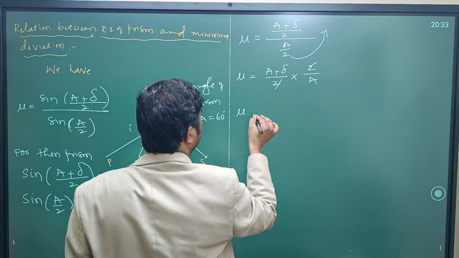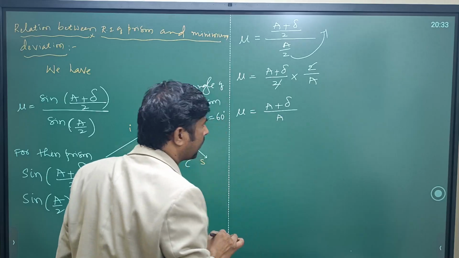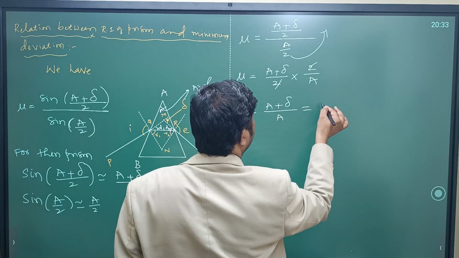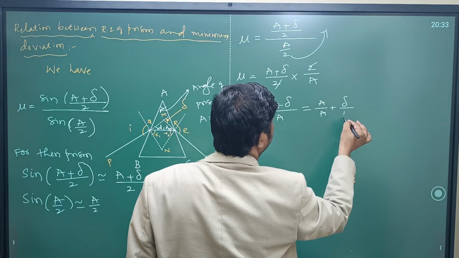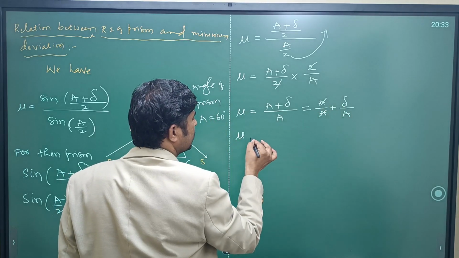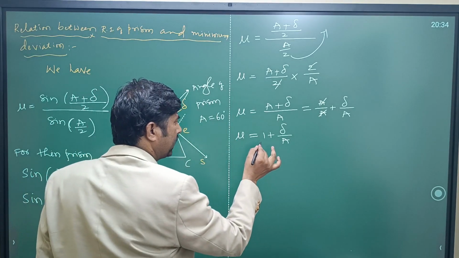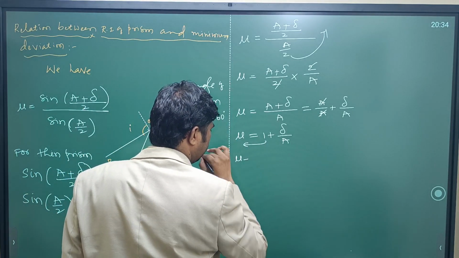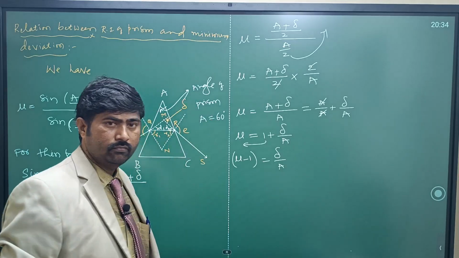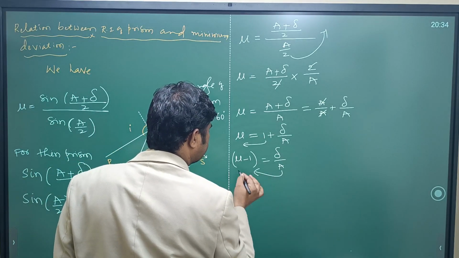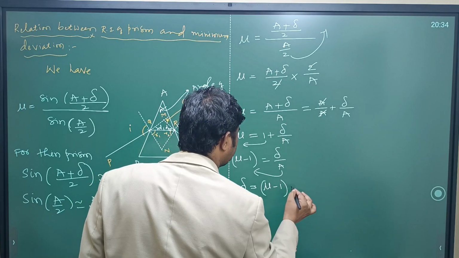Then mu is equal to (A plus delta) divided by A. Dividing A in both terms, mu is equal to 1 plus delta divided by A. Transferring the 1, mu minus 1 is equal to delta divided by A. Therefore delta is equal to (mu minus 1) times A.